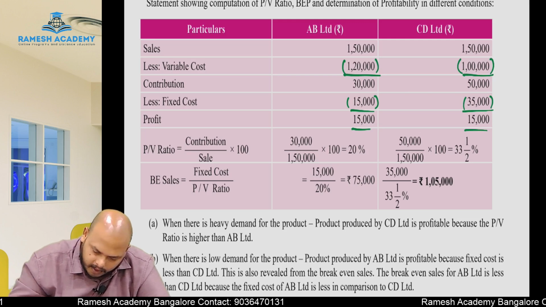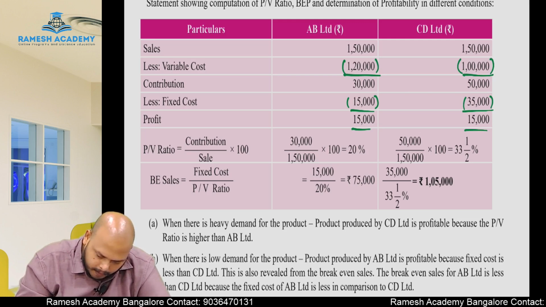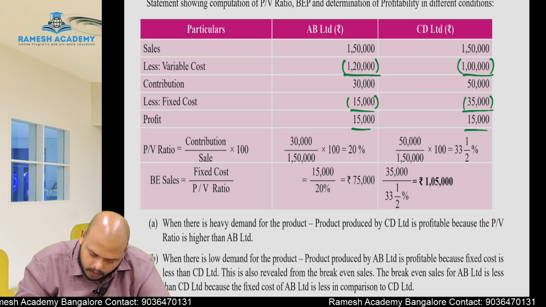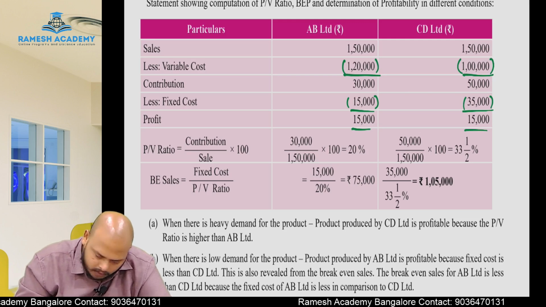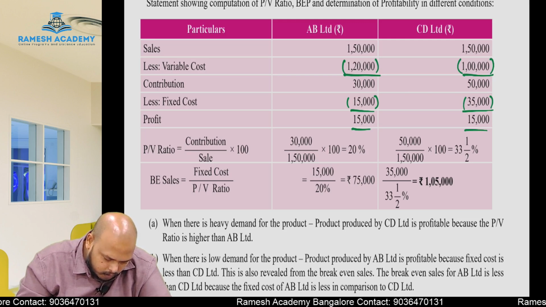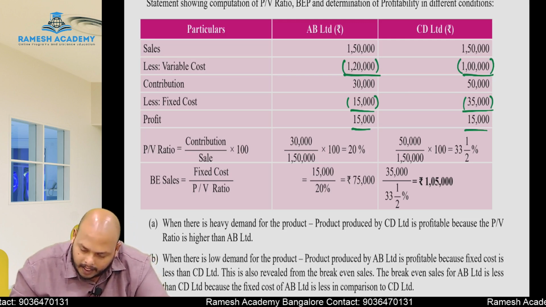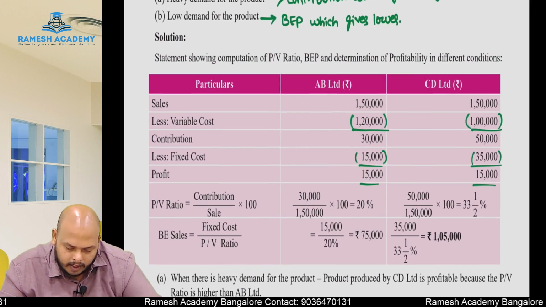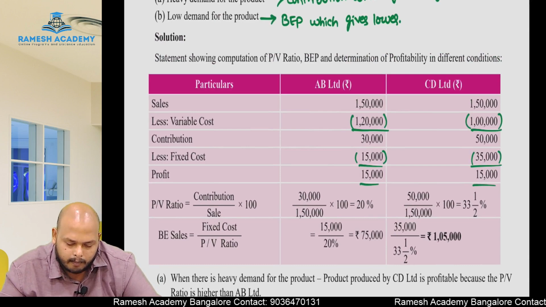Fixed cost is 15,000 divided by 0.20, that is 75,000 rupees break-even point. Here fixed cost is 35,000 divided by 0.333, that is 1,05,000.